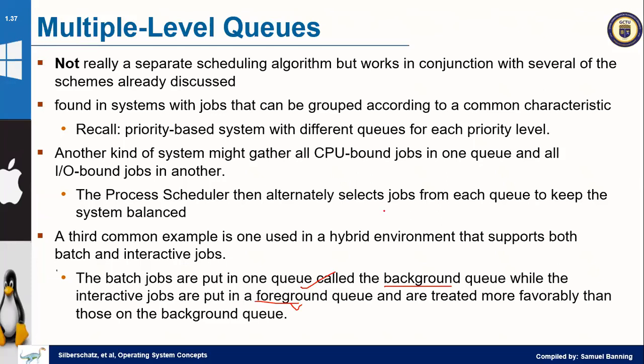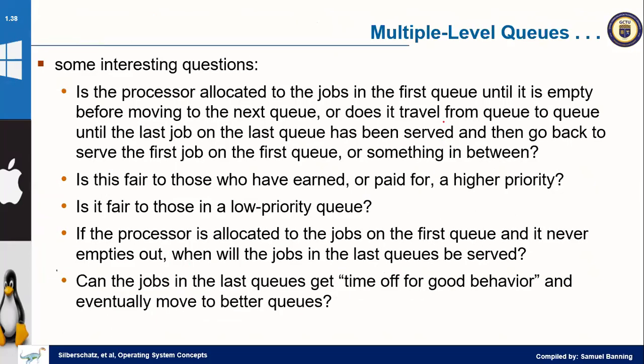Then the operating system will use the algorithm that is appropriate, depending on whether the focus is on the execution of batch jobs or on the execution of interactive jobs. So here, it's not necessarily a unique algorithm, but it blends or puts together a few of the algorithms that are suitable in the system.